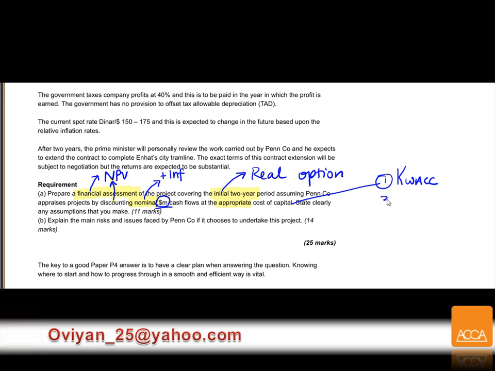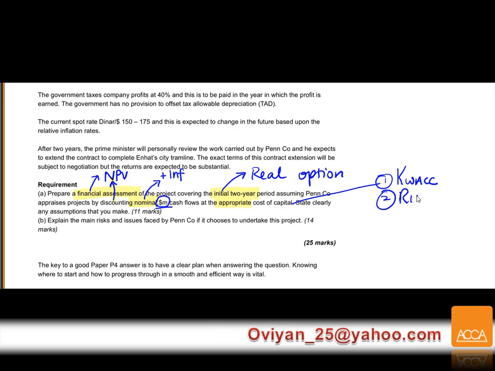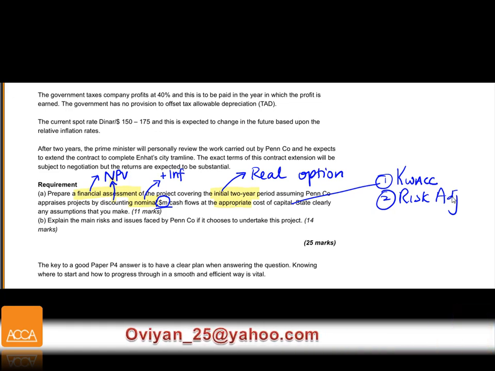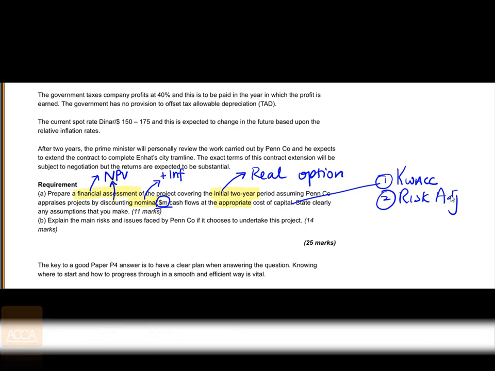The second one is your risk adjusted WACC. With risk adjusted WACC, you must remember the project is going to be financed in the same way as all other existing projects.